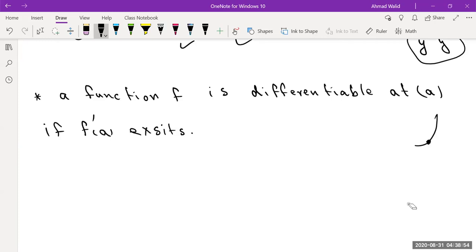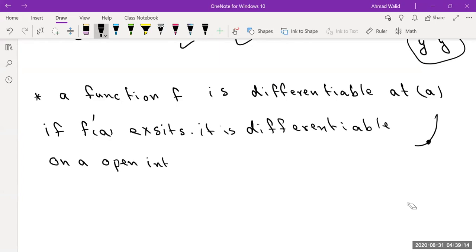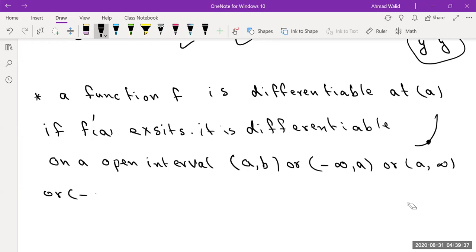Or you can say it is differentiable on an open interval, maybe a comma b, or maybe from negative infinity to a, or maybe from a to infinity, or maybe from negative infinity to infinity, correct?